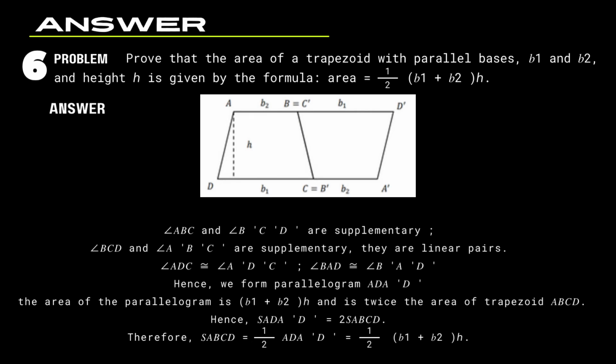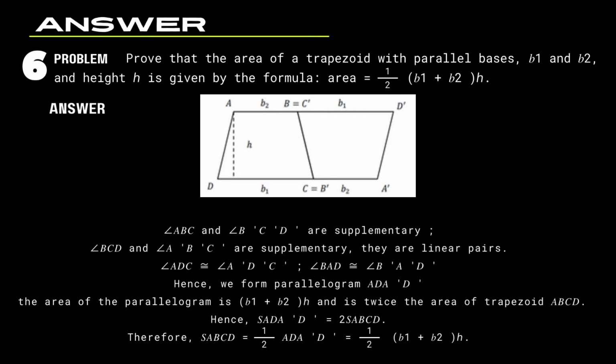For problem 6, we have prove that the area of a trapezoid with parallel bases B1 and B2 and the height h is given by the formula area is equal to 1 half times B1 plus B2 times h. Okay.